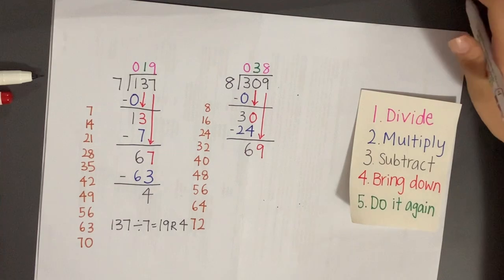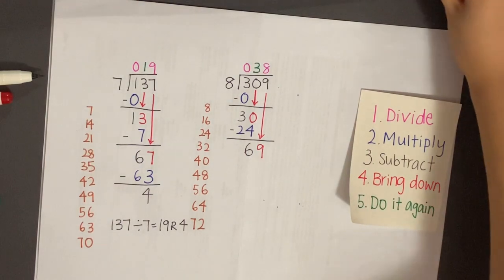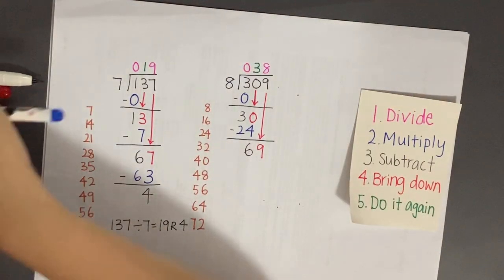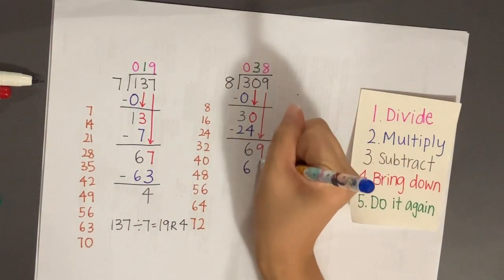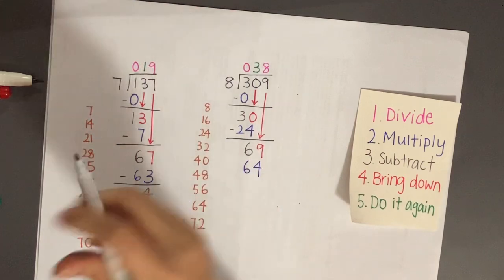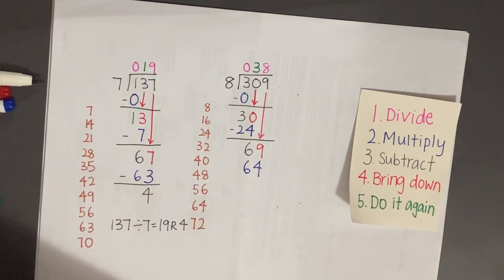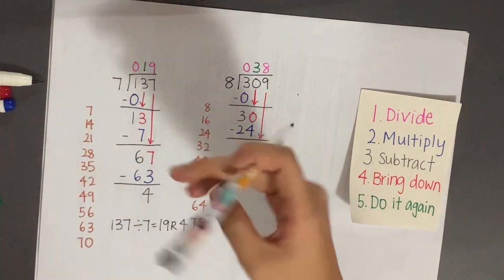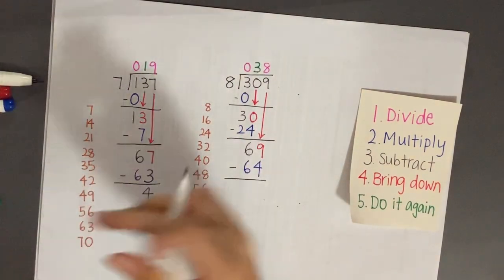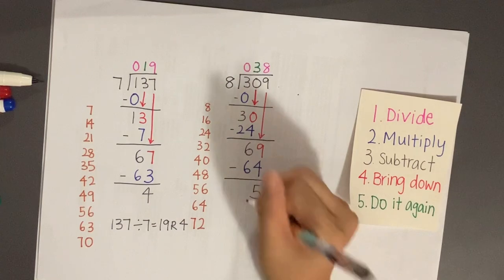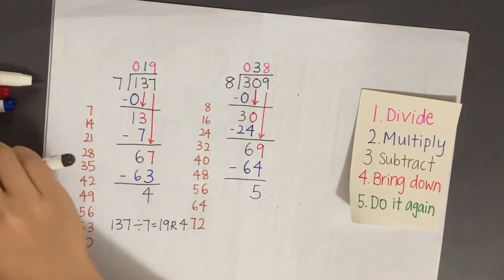So I put my 8 at the top. Next, 8 times 8 is 64. Now I need to subtract. I get 5. Do I have any other number to bring down?